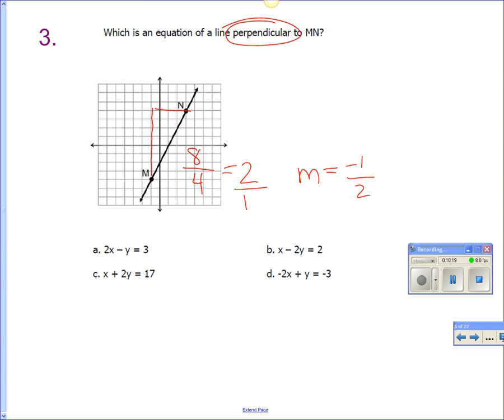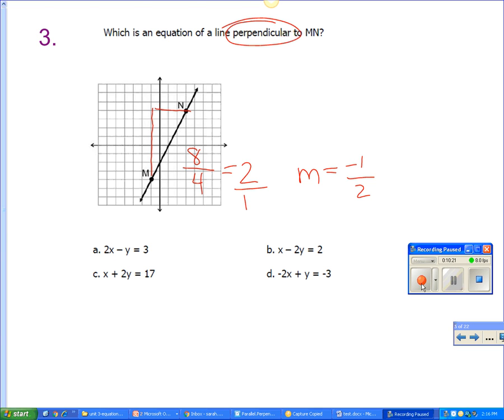Get negative 1/2. So when I originally did it, it's 8 over 4, which gives you 2. Perpendicular means to flip it and change it. If it's positive, it becomes negative. If it's negative, it becomes positive. So it was positive, so it becomes negative.